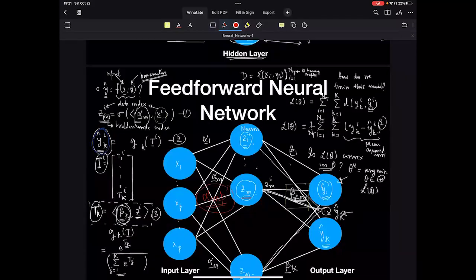That means I will have to consider all of my output nodes in the partial derivative computation for alpha MP. In the beta case, we saw that beta km is only going to appear in the kth output node, so we effectively ignored the other elements of my output vector. But when we are computing the partial derivative of the loss with respect to alpha MP, I cannot ignore any of my output nodes. Okay, is that clear? Yes, sir.